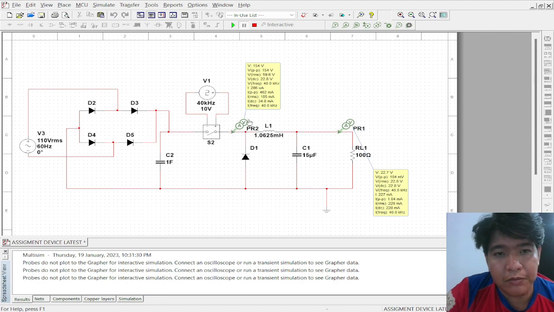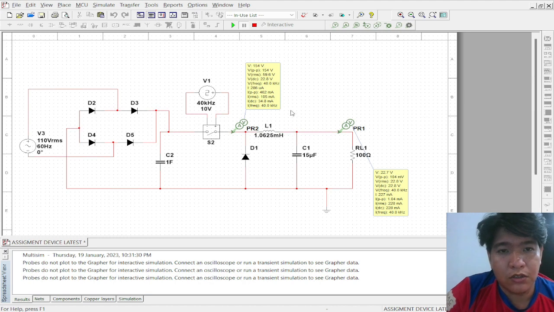After it becomes DC voltage, we are using a buck converter, which is DC to DC step down. We already calculated all the values of the capacitor and inductor. For this simulation, our maximum value should be around 24 volt.